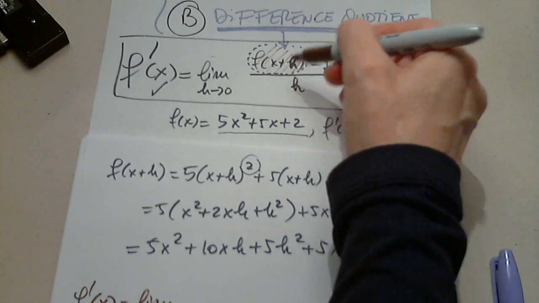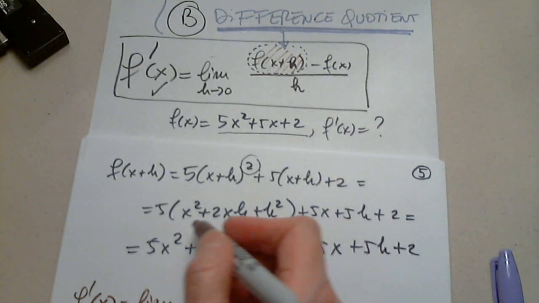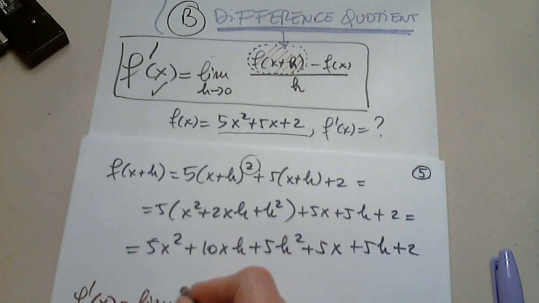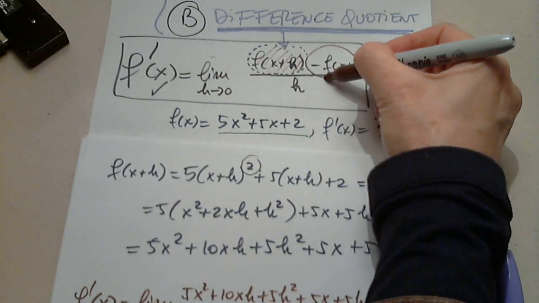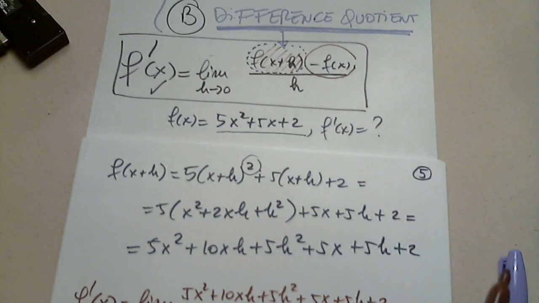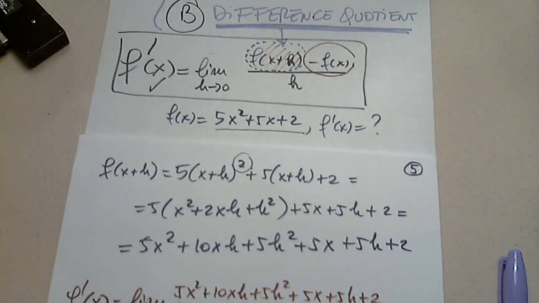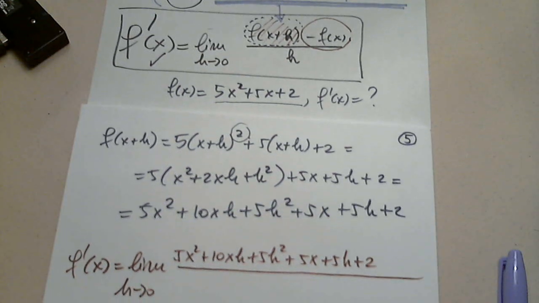Instead of this, I copy this: 5x squared plus 10xh plus 5h squared plus 5x plus 5h plus 2. Can anyone tell us what to write for this, so I can put it in? Yes, I'm running out of room, of course. I always do.